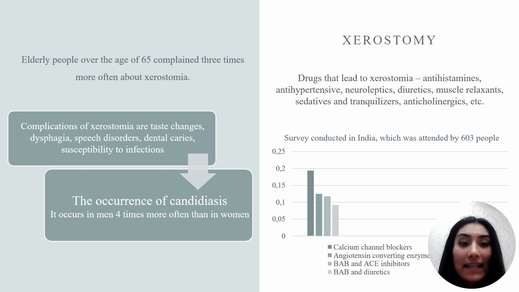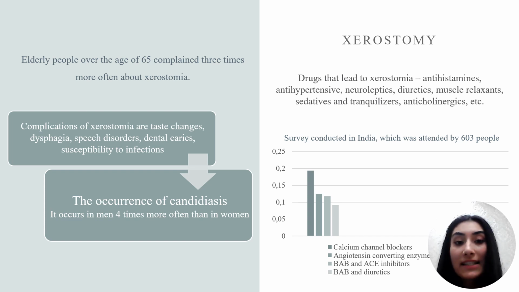A decrease in saliva secretion is associated with a decrease in the activity of salivary glands. This undesirable reaction is thus dose dependent. It turned out that older people have a tendency to hyposalivation.